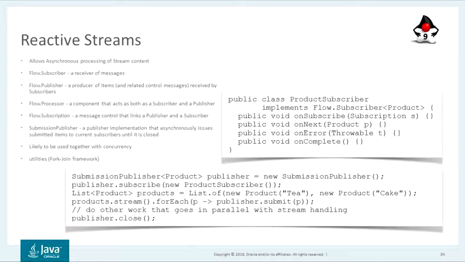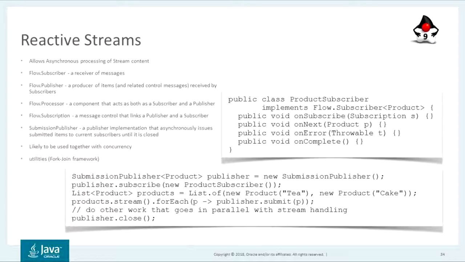A little bit more interesting, I guess, is asynchronous stream processing. When you process stream content, you can create subscribers, publishers, and processors for the stream. A subscriber, for example, could have methods that process the content, like onNext for the next element in the stream, or onComplete when you finish processing, or onError for what to do when an error occurs.